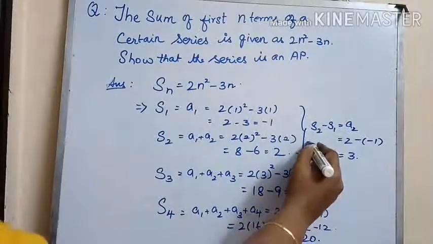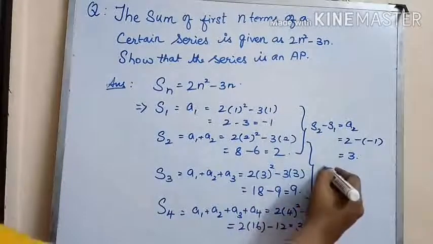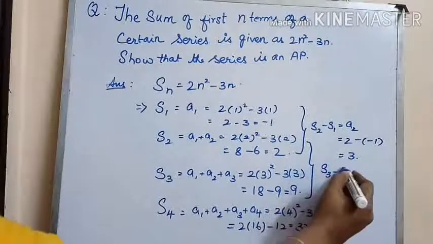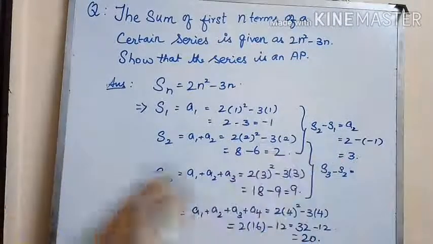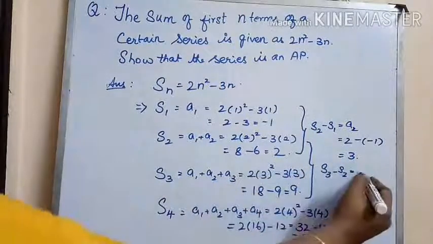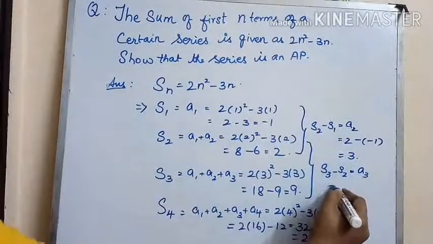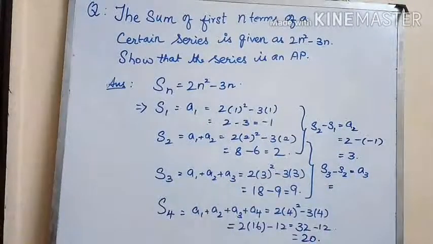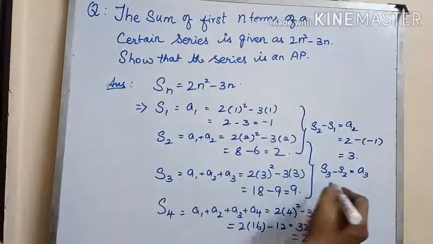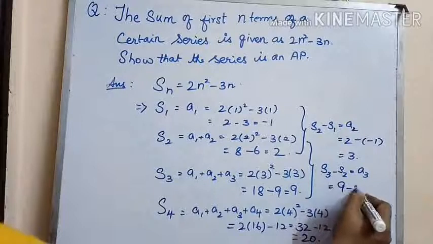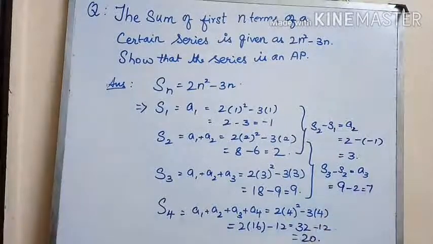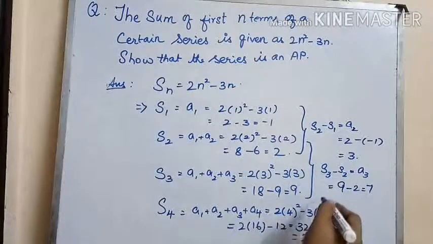So A2 is equal to 3. Now S3 minus S2 will give you A3, which is 9 minus 2, so 7. A3 is equal to 7.